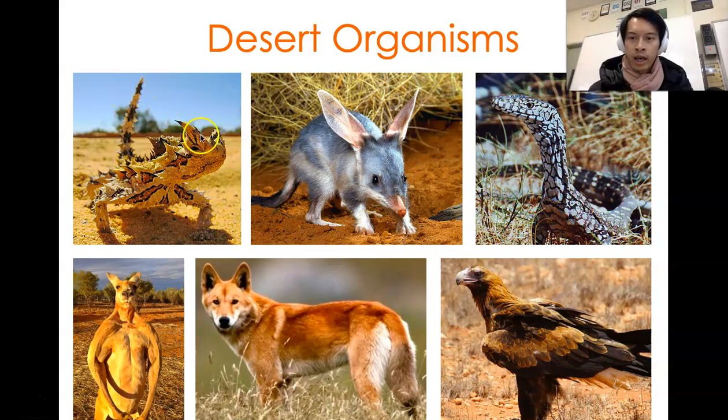So you can actually see there those little thorny and spiky kind of skin that the thorny devil has. Interestingly, it's not really a self-defense mechanism as such. What the spikes actually do is allow the thorny devil to increase surface area and collect moisture.